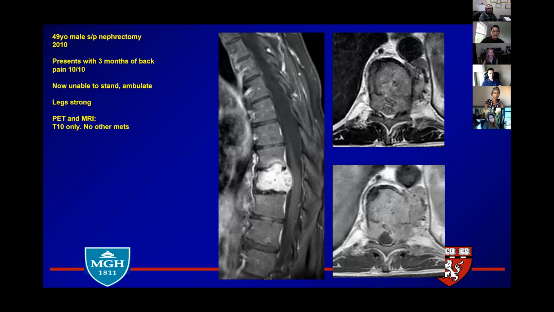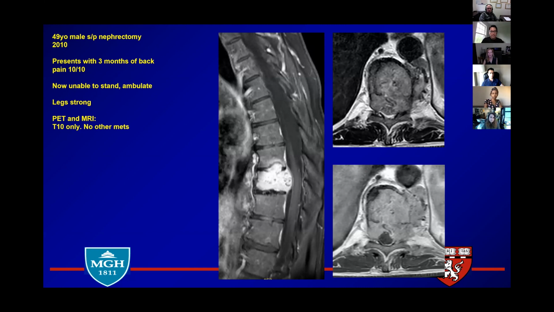So here's a patient with RCC, just like a lot of the scans that Wendy showed before, comes in with 3 months of back pain, not able to stand or ambulate, legs are strong. And let's say the PET and the MRI shows that this is the only lesion here, okay? And I think you can pretty much tell that there's cord compression, a lot of flow voids, squiggly lines in there, right?